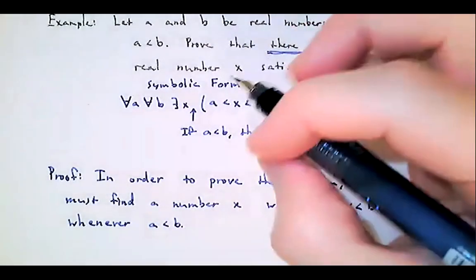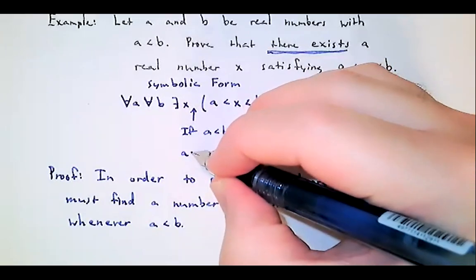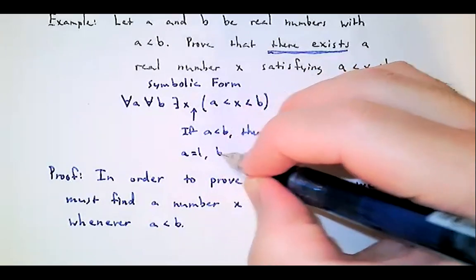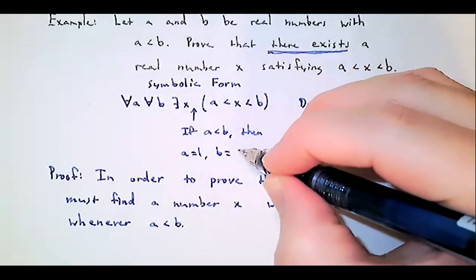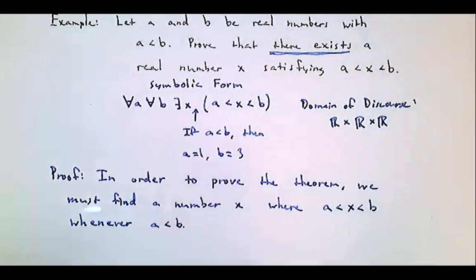Let's just come up with an example. So maybe A is equal to 1, B is equal to, what's a good number? 3. Can you think of any numbers in between 1 and 3? What's the first one that comes to mind? 1.1? Okay. Any other numbers? Maybe a little simpler? 2?